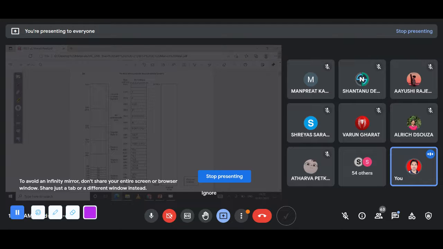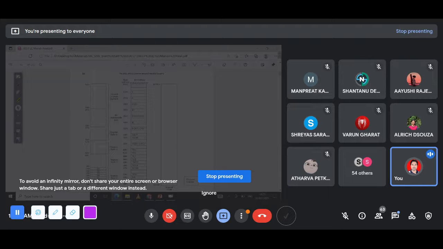Now if I ask you how much memory size is consumed by the special function registers, what is your answer? 128 bytes. Yes, it is 128 bytes. Now if you see carefully, all 128 bytes are not utilized.